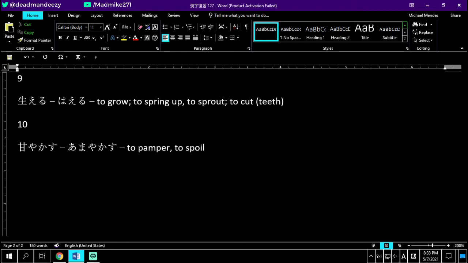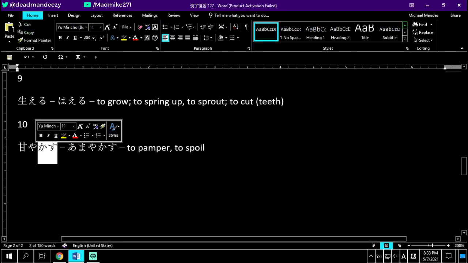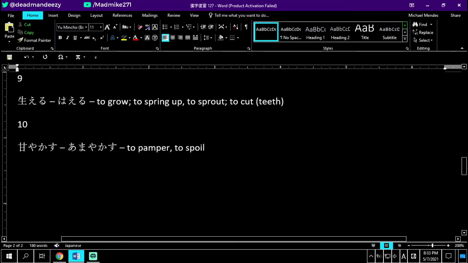I read it as amayakasu desu. As in, is it sweet? No, it's the dregs. It's spoiled. Amayakasu is to pamper or spoil someone.